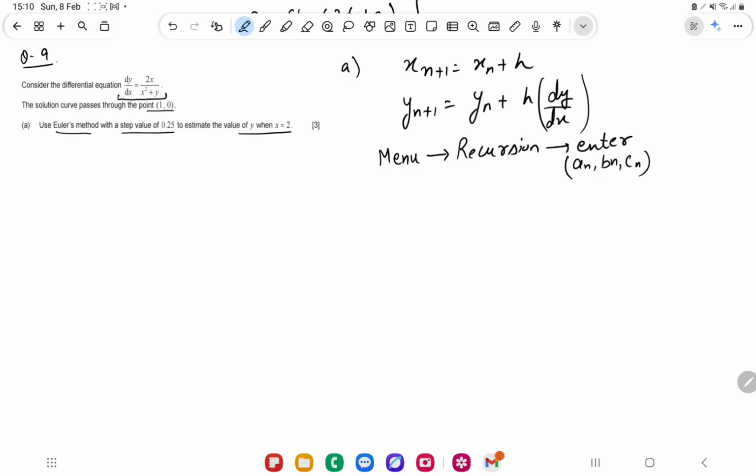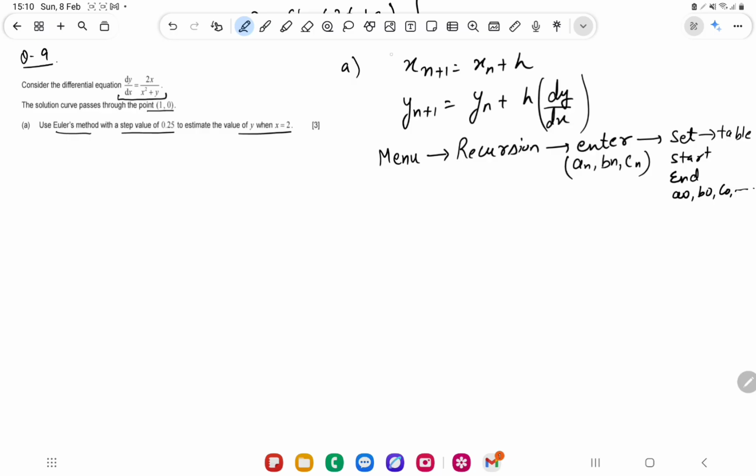I'll tell you what these are. After enter, it will tell you to set the values. To set the values, we are given start, end, a0, b0, c0, and many more. And then after pressing start, we will press on table and we will get a complete table.